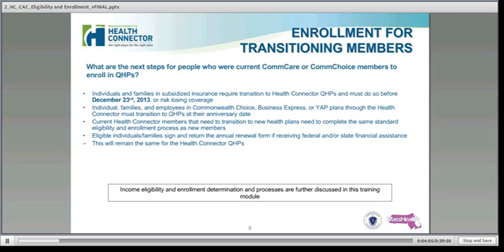There are other consumers at the Health Connector, such as individuals, families, and employees in our commercial coverage, our Commonwealth Choice, our Business Express, or our Young Adult plans, who also must transition. There are all sorts of things that these folks need to do. The paths that these folks need to take are very similar, and the dates for a number of them are the same. So again, some key things to keep in mind. Commonwealth Care is ending on December 31st.